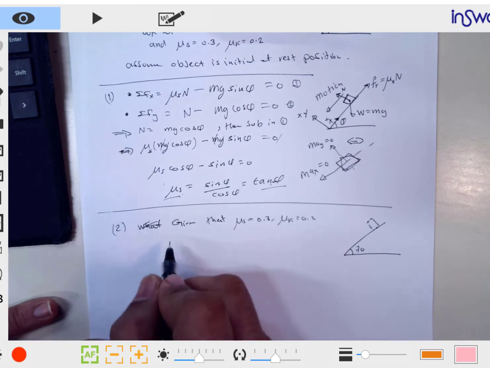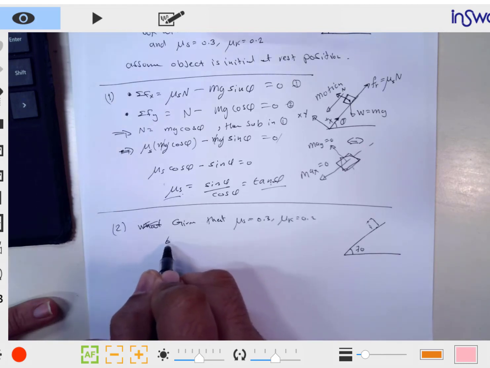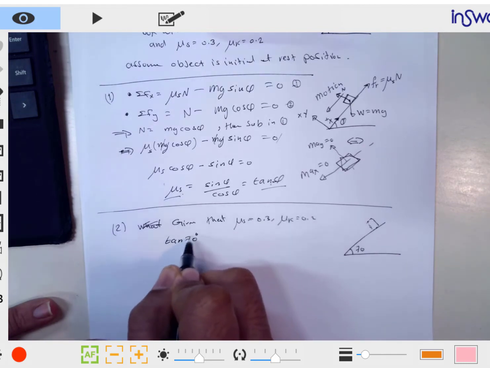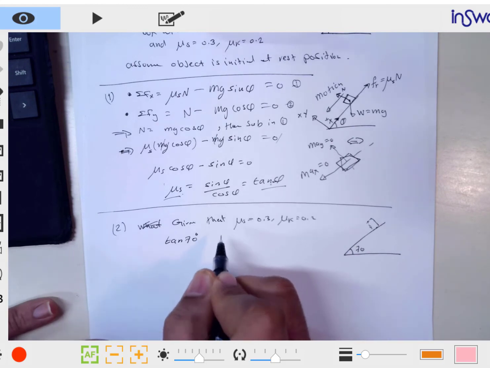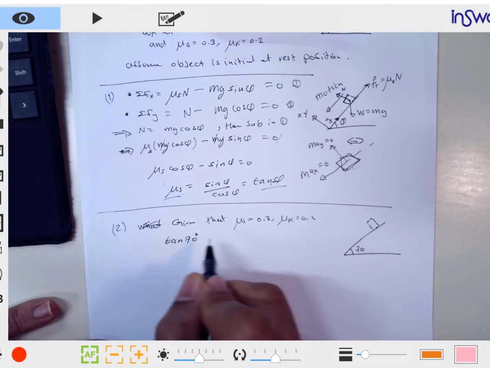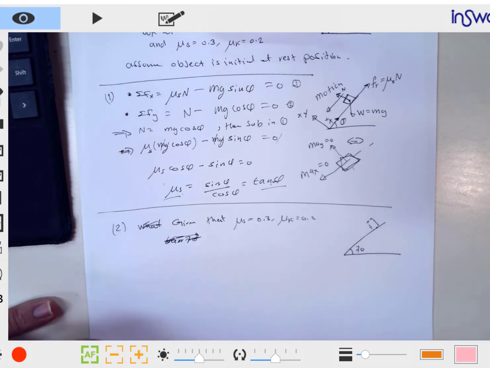Okay, so for this to slide, I'm gonna calculate tan 70 degree, right? Or let me make it a little bit different. I want to calculate theta.